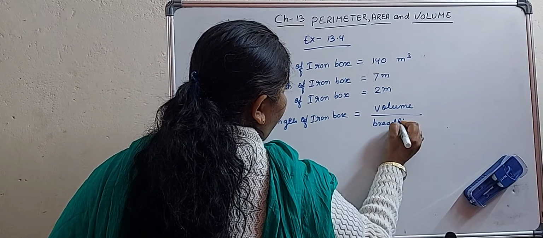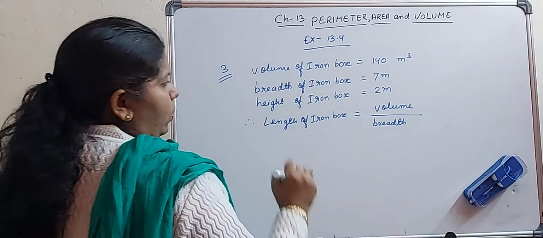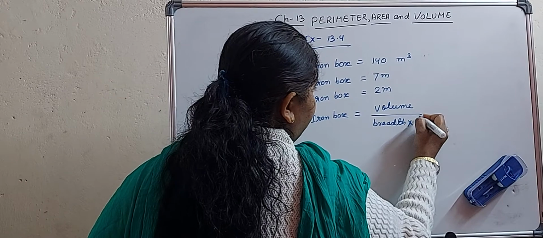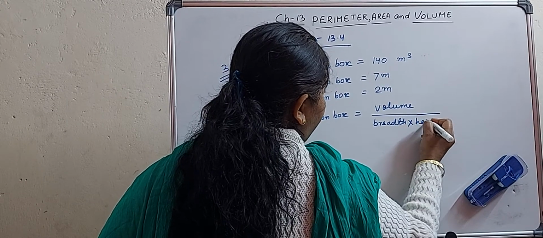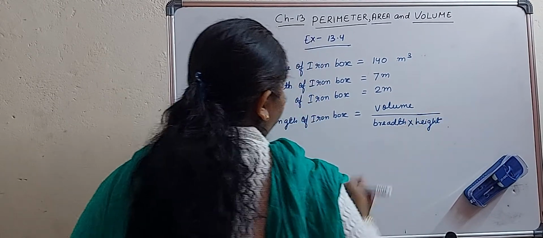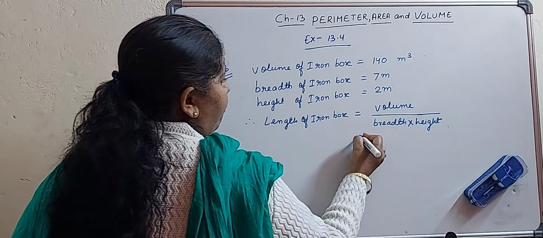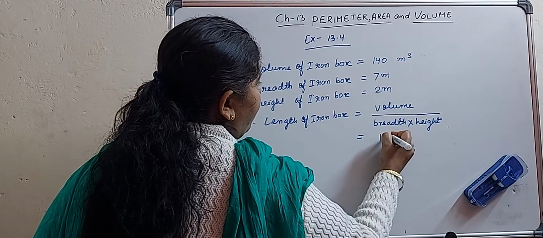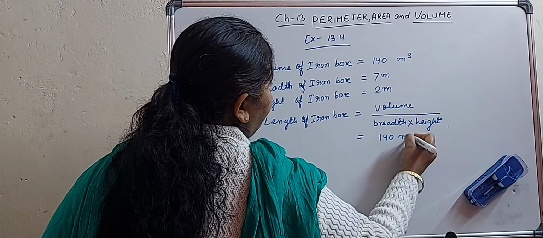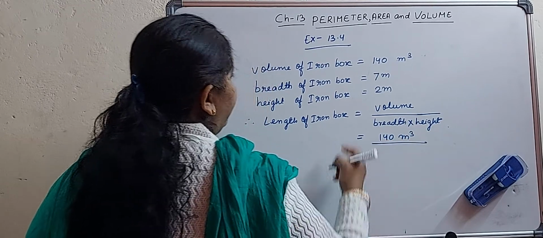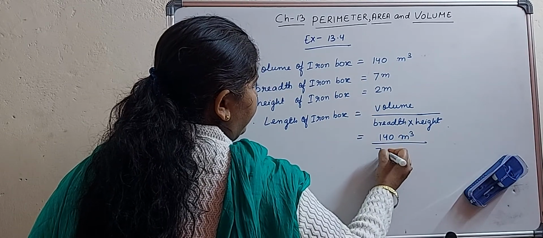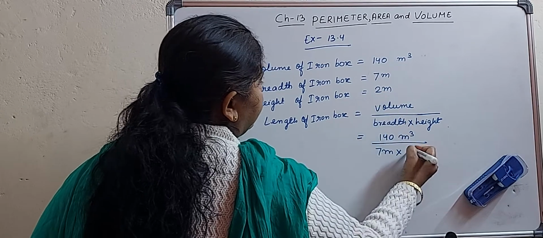Already we know how to take out this formula. Breadth into height. Okay. So our volume is how much? It is 140 meter cube by breadth is 7 meter and height is 2 meter.